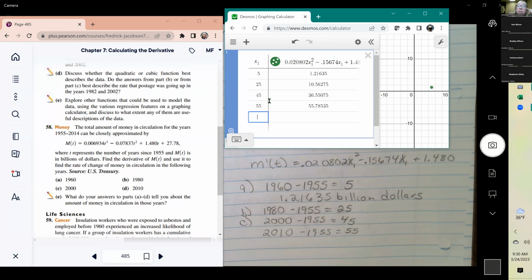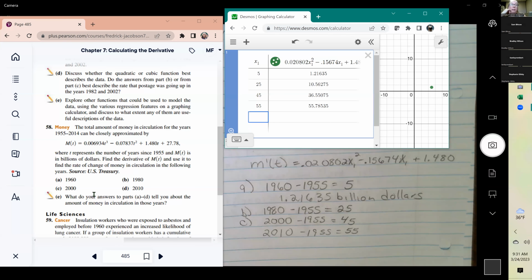By 2001, we're increasing even more, $36.5 billion, if the equation is still correct. It says it goes to 2014. So they've only tested between 1955 and 2014.